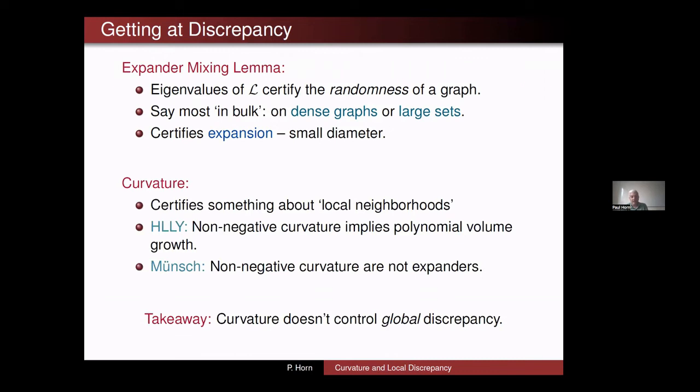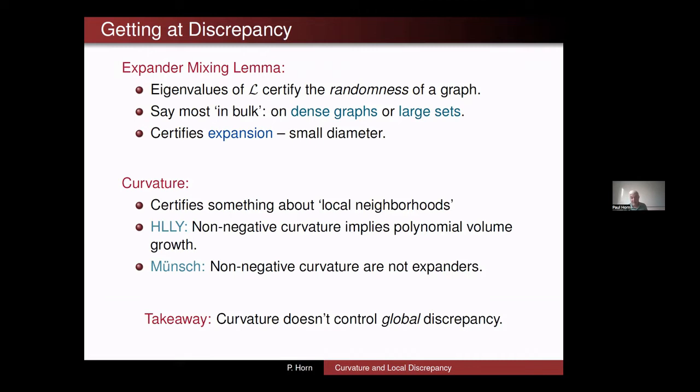All right. And somehow the takeaway from this is that curvature doesn't control global discrepancy. There's no way I can take some curvature bound and take big sets and look at the edges between them and say that there are a lot of them, because that would right away say that I have some kind of expansion, some kind of really small diameter expander.